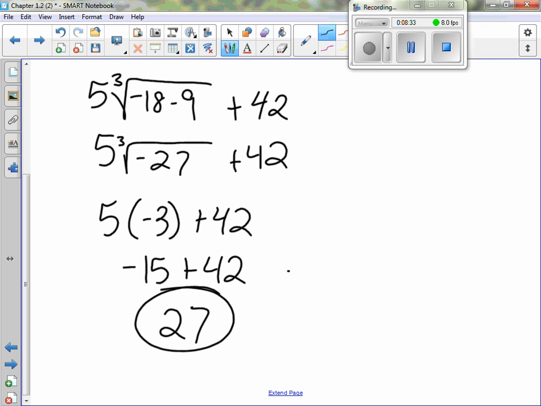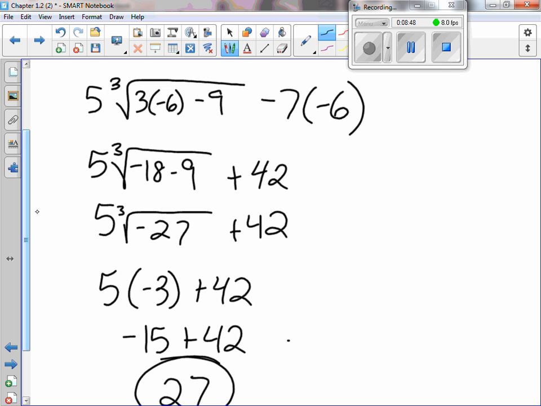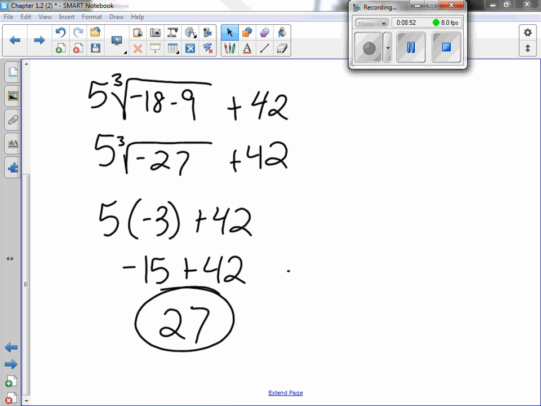That's all we have to do for this problem here.